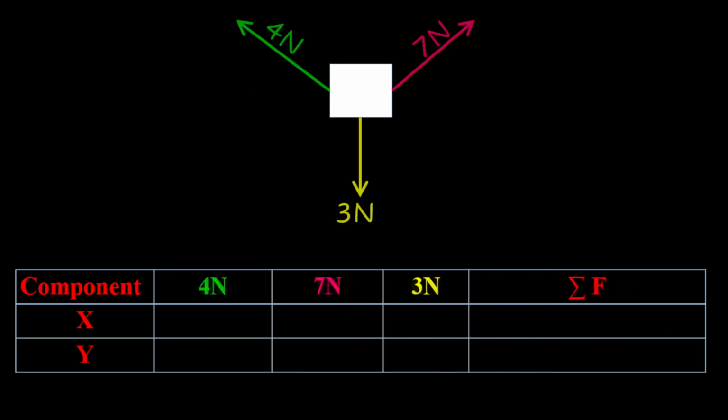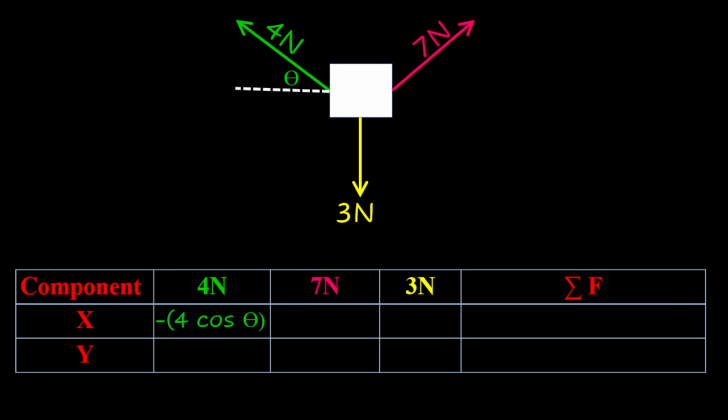Now let's look at another example using three forces, 4 newtons, 7 newtons, and 3 newtons. If you notice, the 4 newtons and the 7 newtons are acting at an angle. So if we calculate the X component of the 4 Newton force acting towards the left at an angle, the expression is the negative value of 4 cos theta.